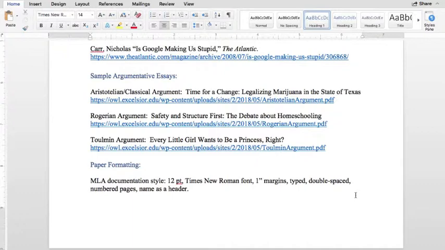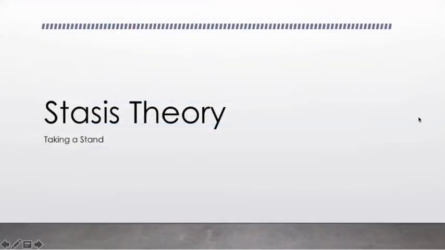All right, so this is the end of this section, and I'm going to jump over to the Stasis PowerPoint next. Okay, so this is stasis theory, and I'm not going to go over this in too much detail because this PowerPoint really is just a presentation of slides that offers different areas that your research paper or argumentative essay could take place in, right?